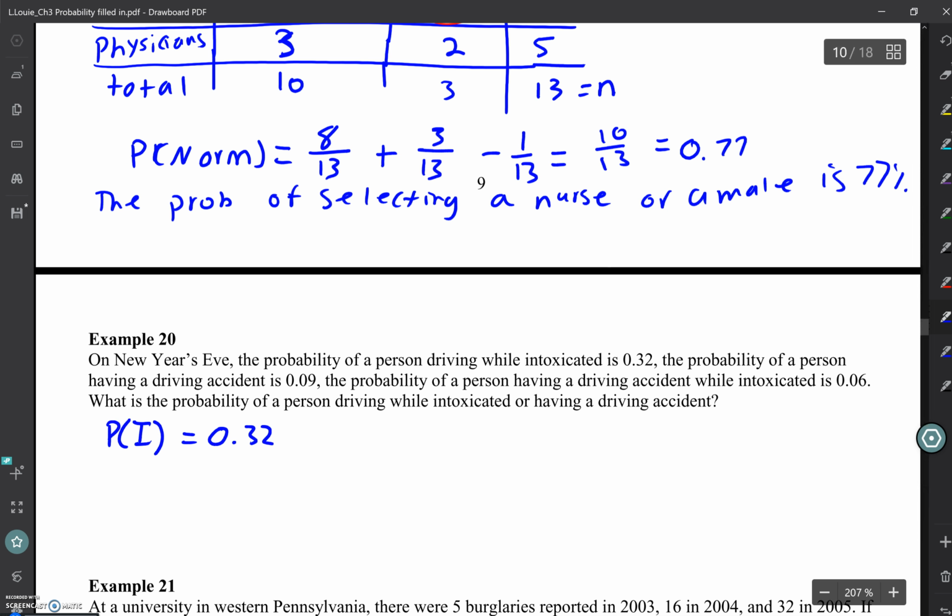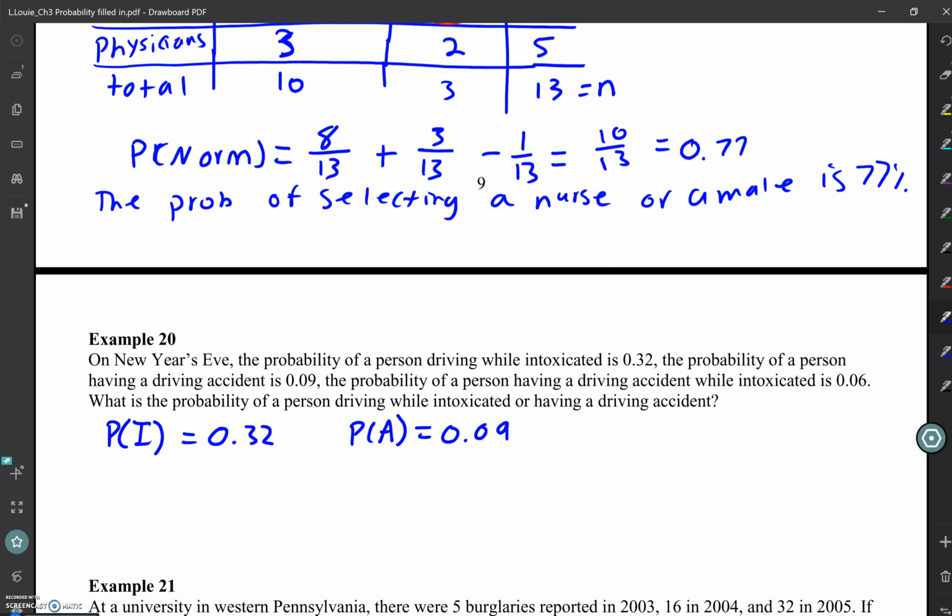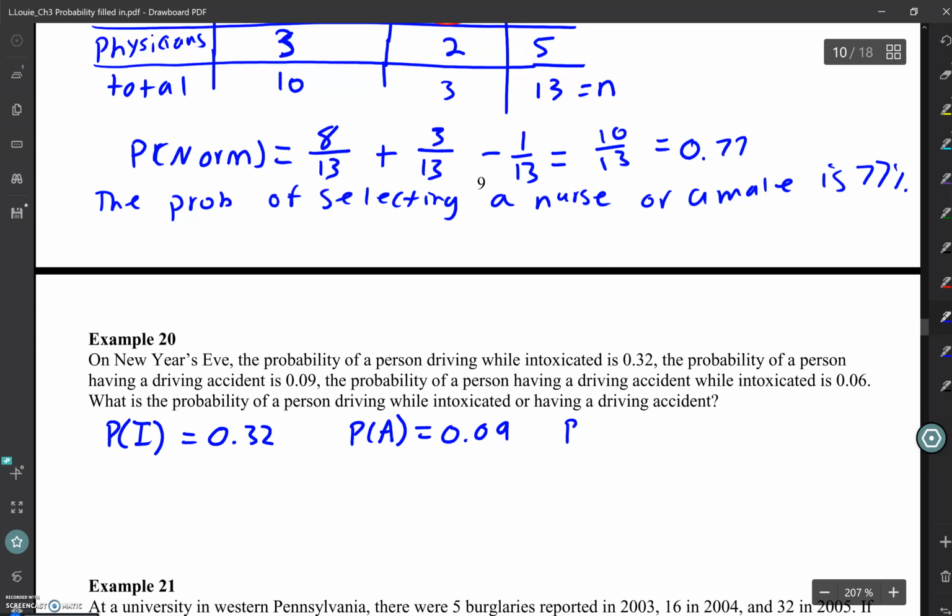Then I know the probability of a person having a driving accident, let's say the probability of A for our accident, is 0.09. I have one last piece of information: the probability of having an accident while intoxicated. So now they're both things at the same time, and that's like my and. They are intoxicated and had an accident is 0.06.